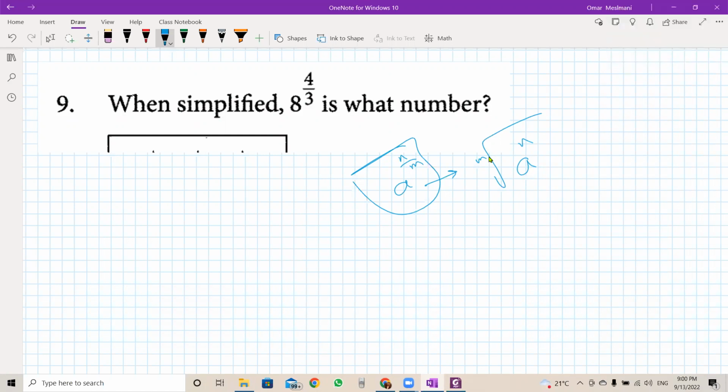So I'm going to say it's... wait, 8 power 4. Okay, Mister, what do we do with 8 power 4?